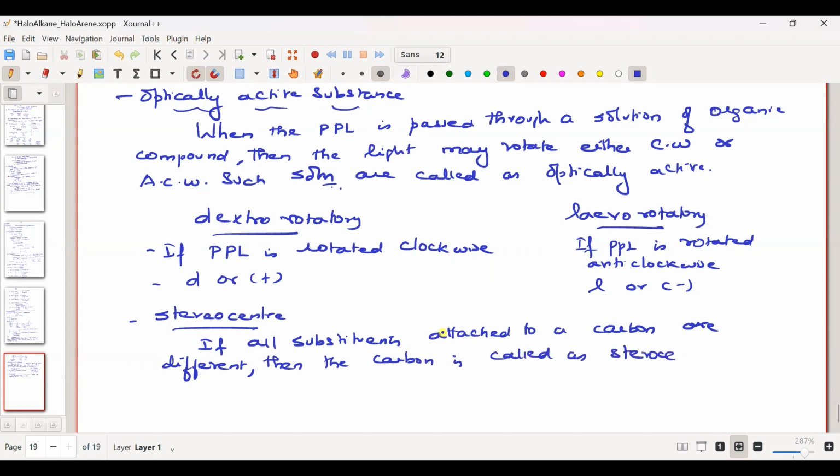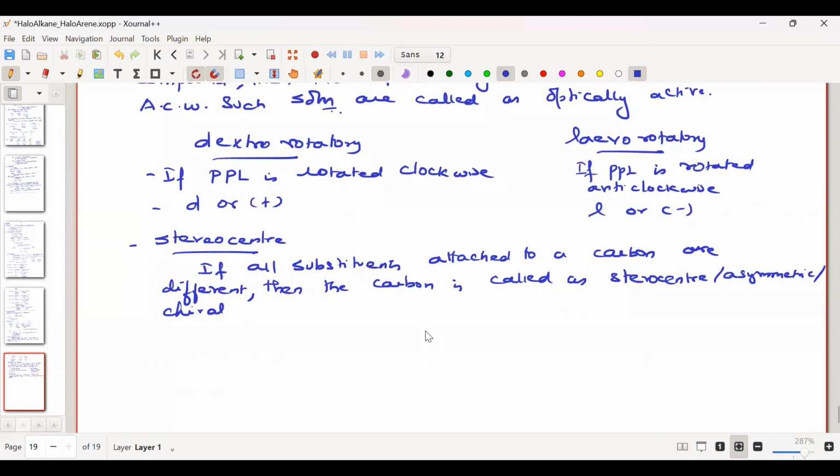This is known as stereo center. It is also known as asymmetric. It is also known as chiral carbon. Okay. Now this asymmetry is responsible for optical activity.